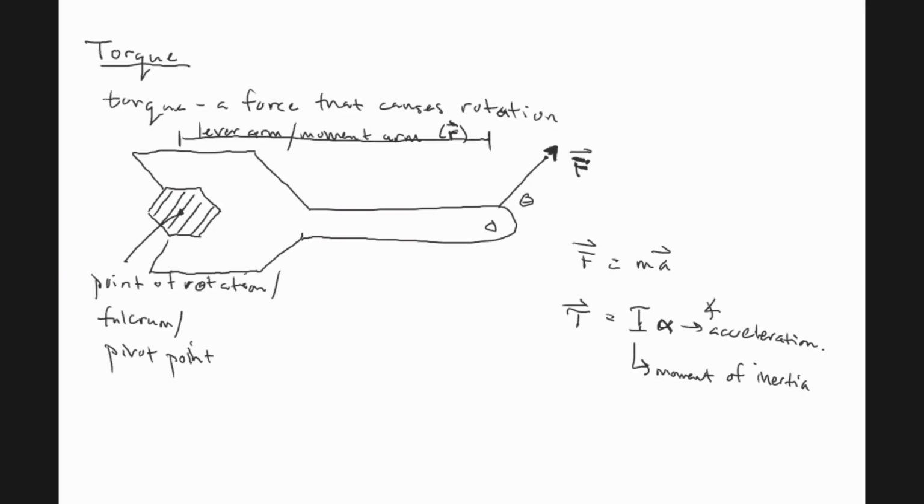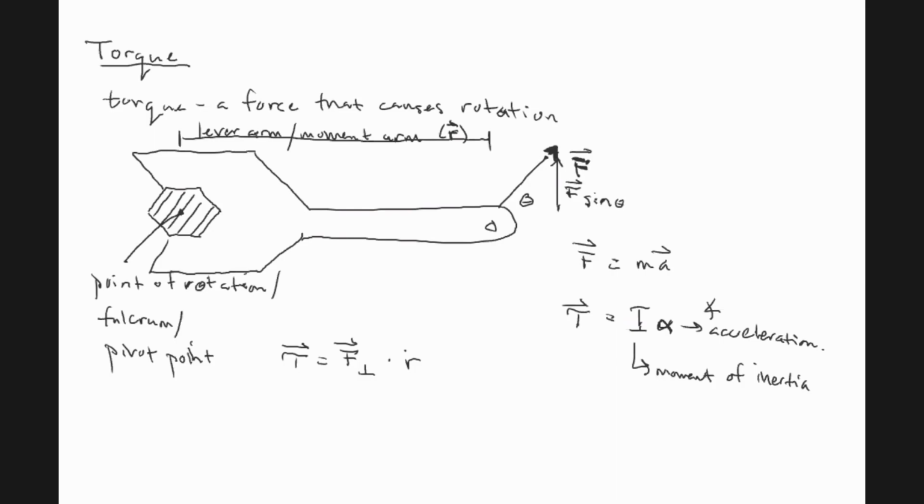So the way we define torque is simply the perpendicular force times that lever arm. The way I think of it is we're only going to look for the perpendicular component to my lever arm, which was the F sine of the angle, right? The vertical component.